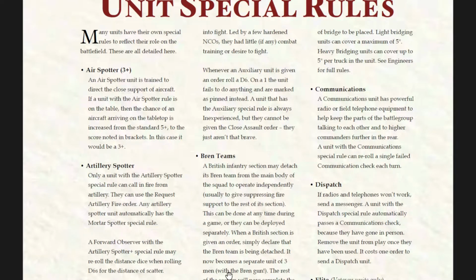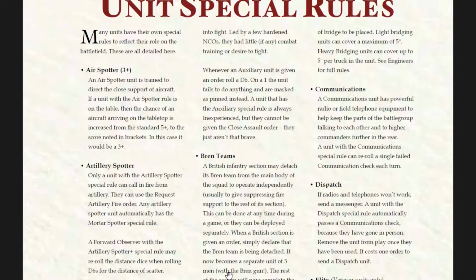On a 1, the unit fails to do anything and is marked with a pin instead. A unit with the auxiliary special rule is always inexperienced, but they cannot be given the close assault order. They just aren't that brave.